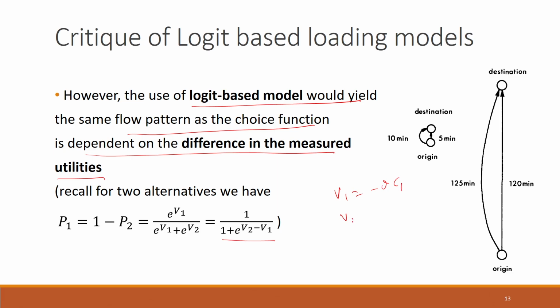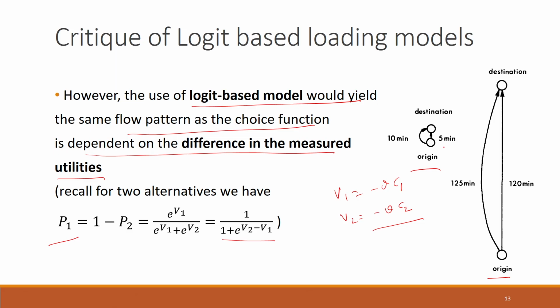Similarly, V2 will be equal to minus theta times the measured travel time of the second path. So, the difference of these utilities is also proportional to the difference of these measured travel times on these two paths. And since the difference of the measured travel times in these two cases is equal to 5 minutes, therefore, this probability P1 will be coming out to be the same here as well as here.